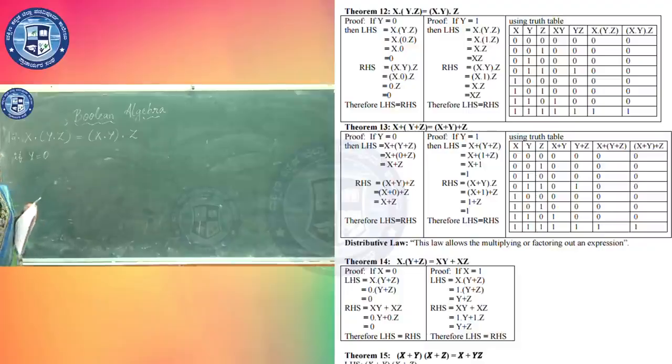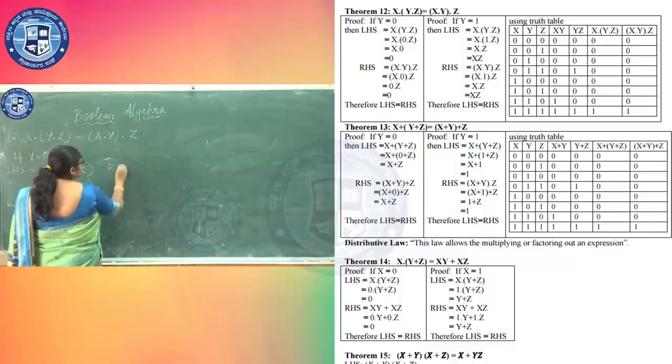If y equal to 0, then LHS will be x and y and z, x into y, where the y value is 0, and z. x into 0 and z is 0, 0 into z, anything which is multiplied by 0 is 0, x into 0 again is 0. So we got the LHS value to be 0.